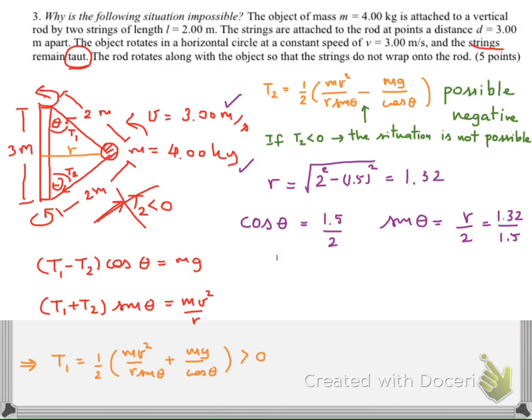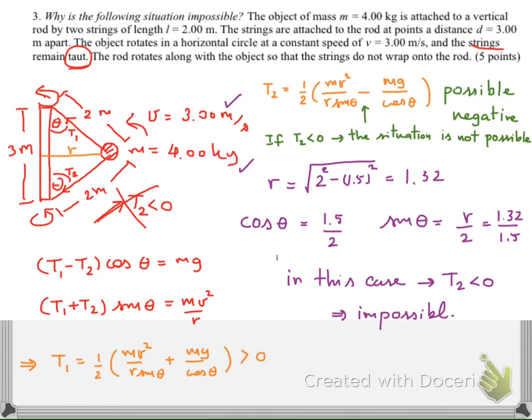If you substitute all these numbers into the formula for T2, you will see that in this case, T2 is less than 0, which is impossible.